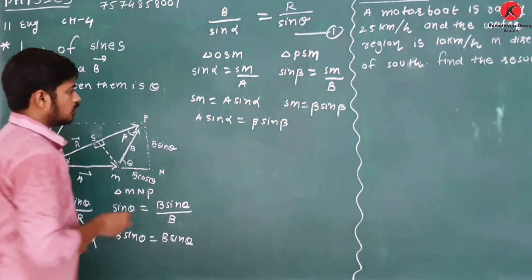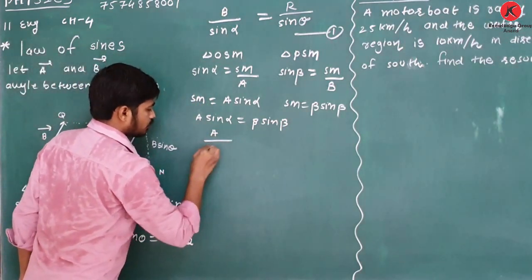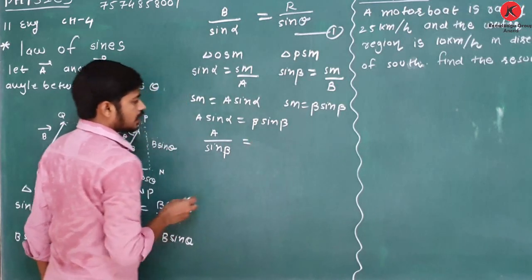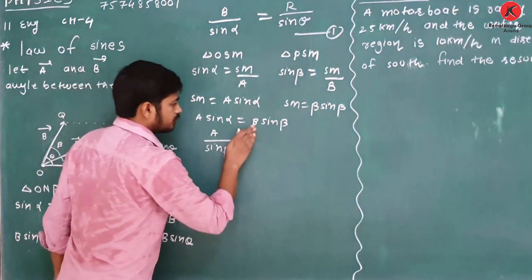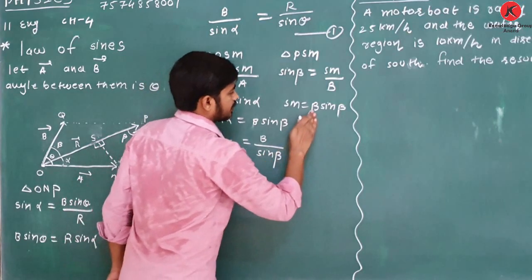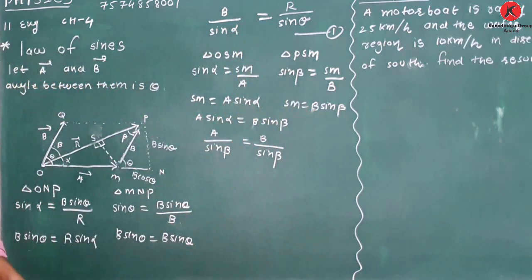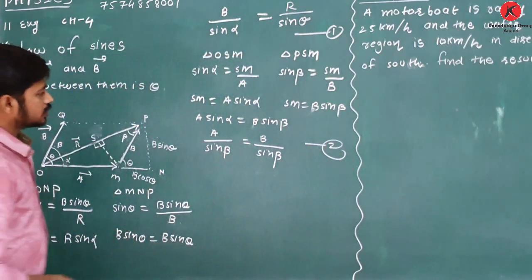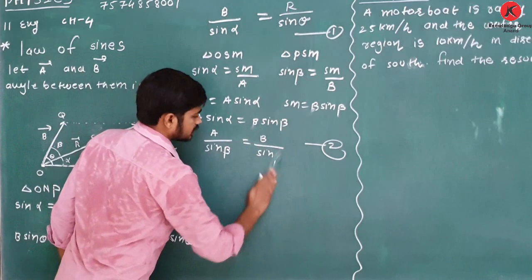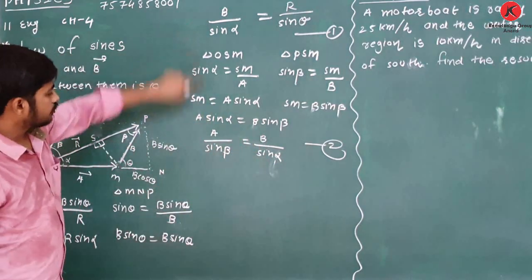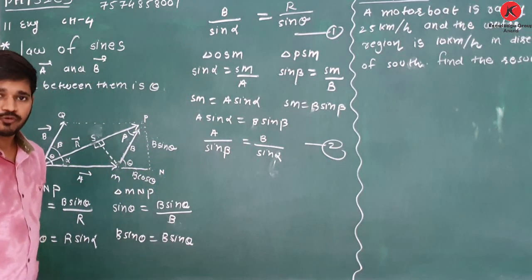Clear about this? So A upon sine beta is equal to B upon sine alpha. This is equation number 2. Now you have to combine these two equations.